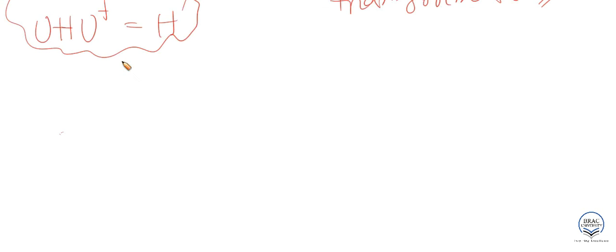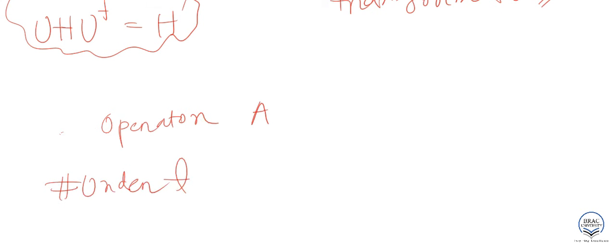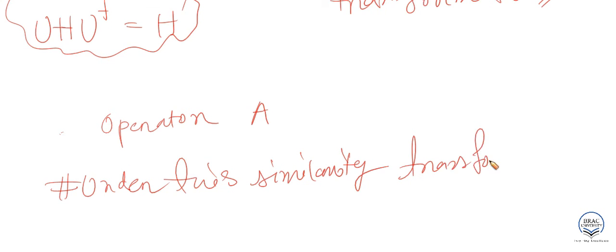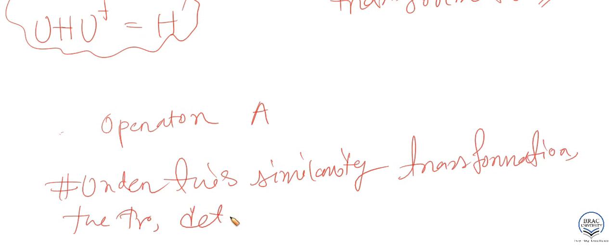So you can easily verify that, let's say you have an operator, let's take A again. So under this similarity transformation, the trace, let's call it TR, the determinant, the eigenvalues, all are invariant.